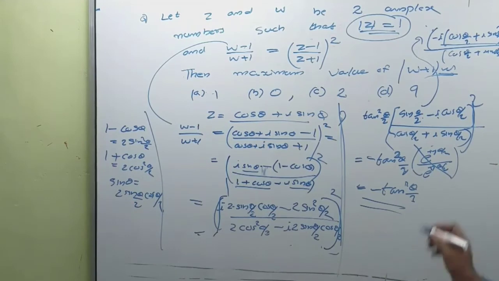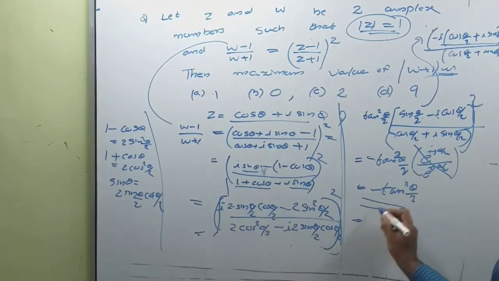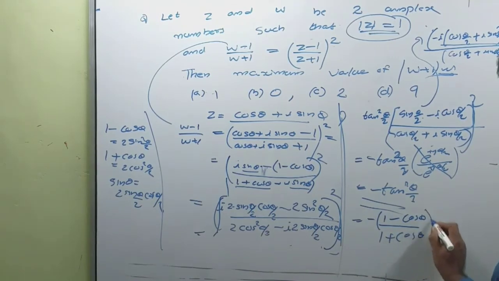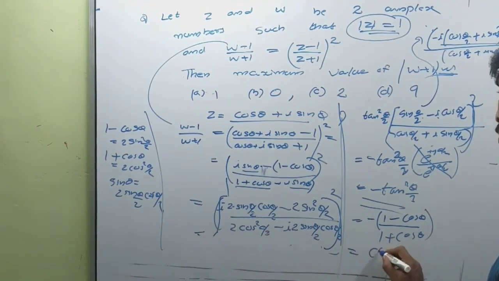Okay, so you can write this as minus of 1 minus cos theta by 1 plus cos theta, or is equal to cos theta minus 1 divided by cos theta plus 1.